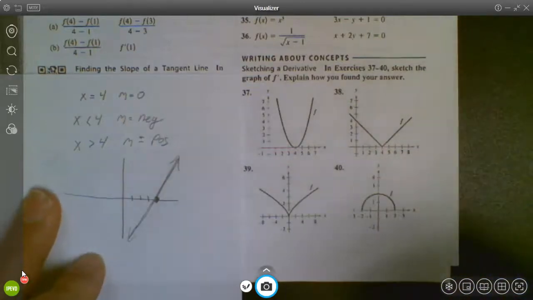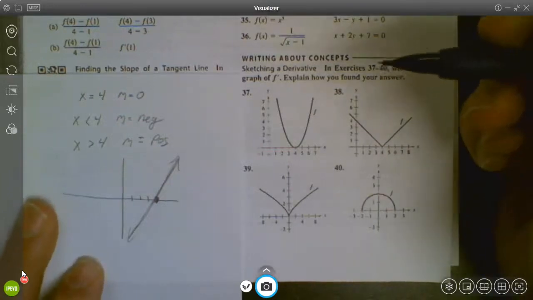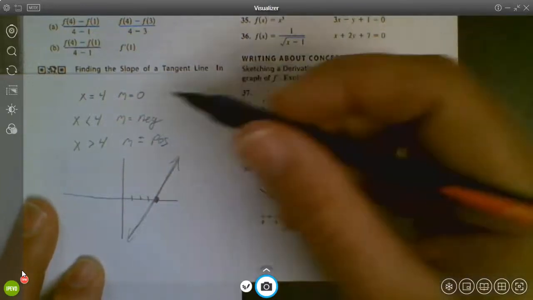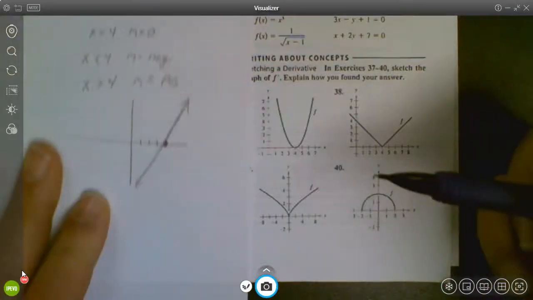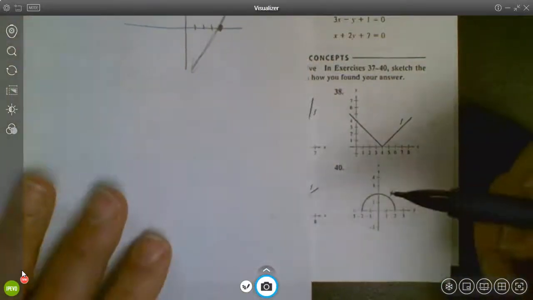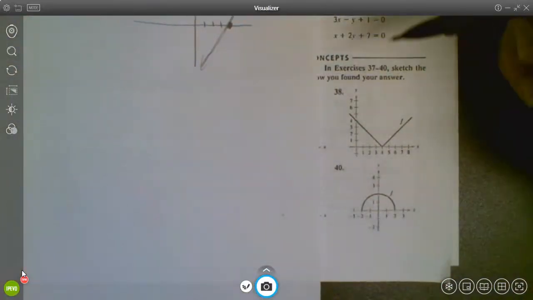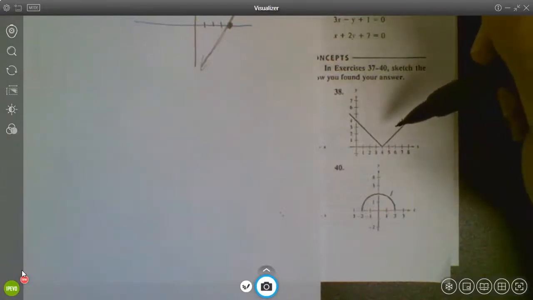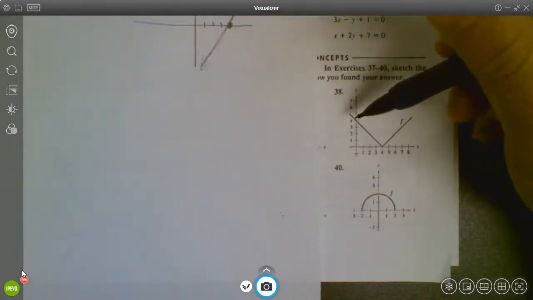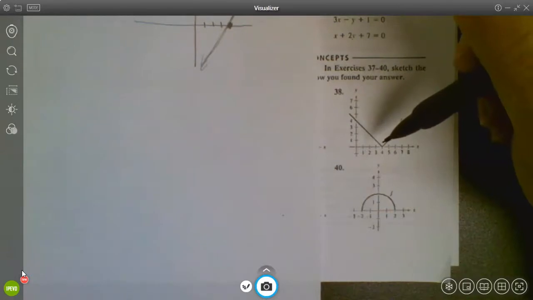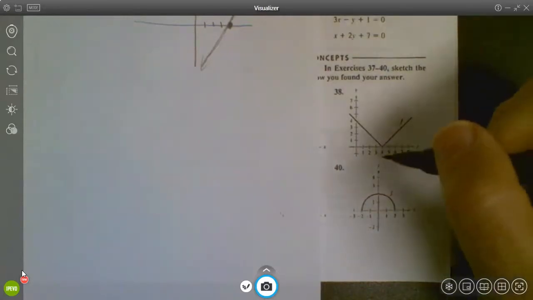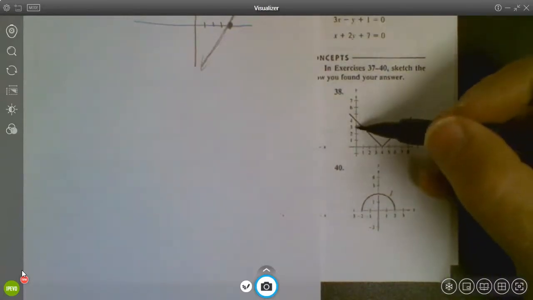So again, we can certainly get a lot out of that when we start thinking about the slopes, but here's the main idea. Let's look at a couple more. If I go to 38, one thing we're going to notice is the same idea, but now these slopes are constant because it's not a curve. So if I'm looking at a constant slope, we can even figure out the slope because it's a line. This goes down 1 over 1, down 1 over 1.